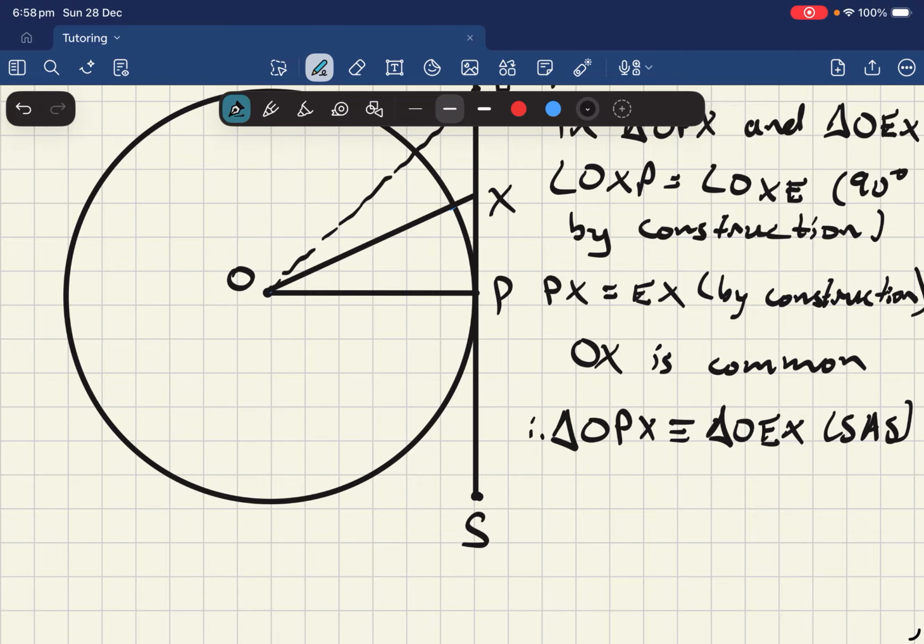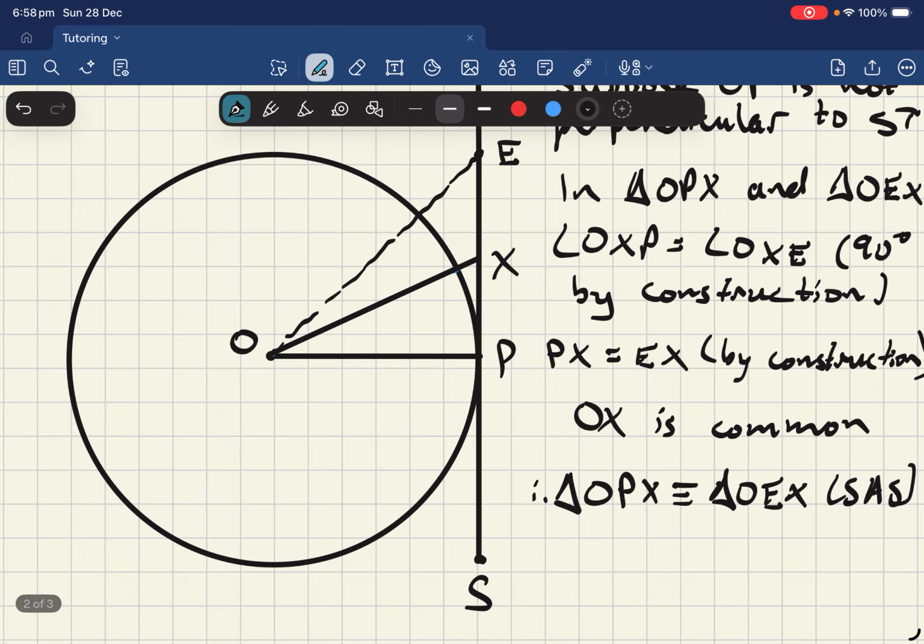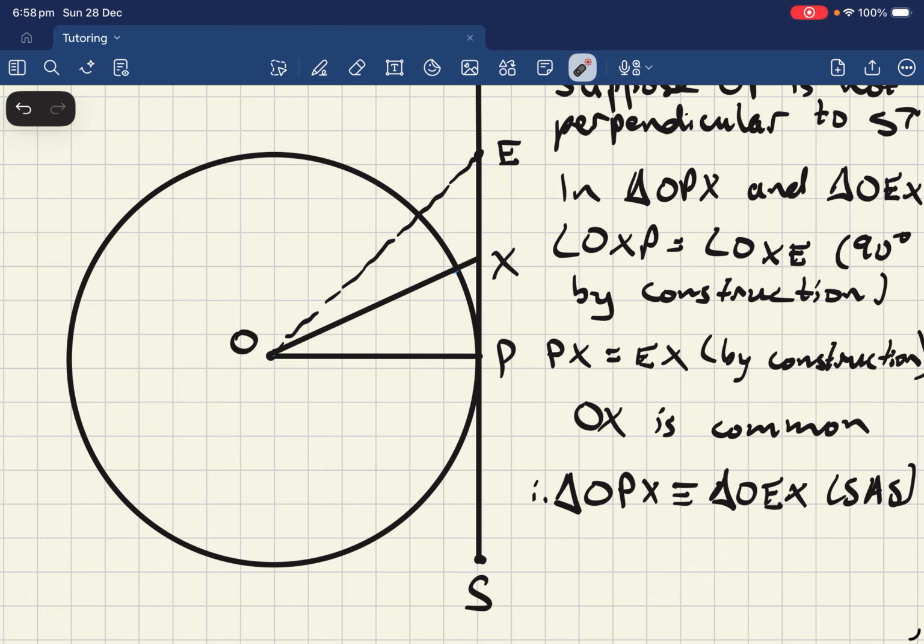And since these two are congruent, we know that corresponding sides of congruent triangles are equal, okay? So we've talked about this side, that this angle is the same, and that these sides are the same. Obviously, just looking at it, we can tell they're not congruent. But remember, this is the assumption. We're following all the logical steps, and then we are going to find a contradiction.